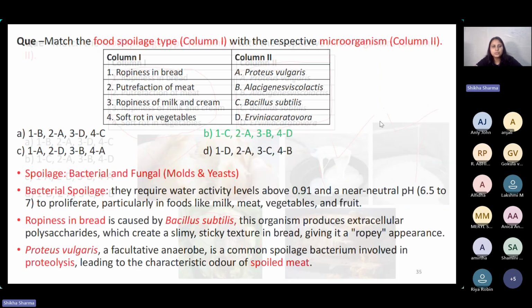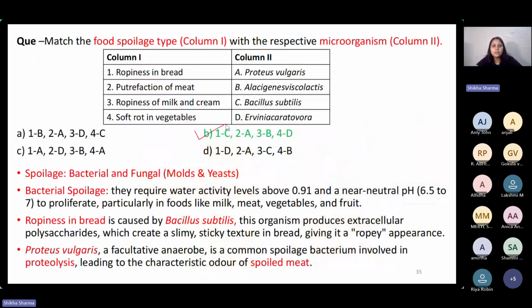Let's see the solution. So here answer B is correct. There are two types of spoilage, bacterial spoilage and fungal spoilage. In fungal spoilage, the spoilage is due to mold and yeast. Bacterial spoilage requires a high water activity, because bacteria grow at a higher water activity level and a more neutral pH, which is 6.5 to 7.